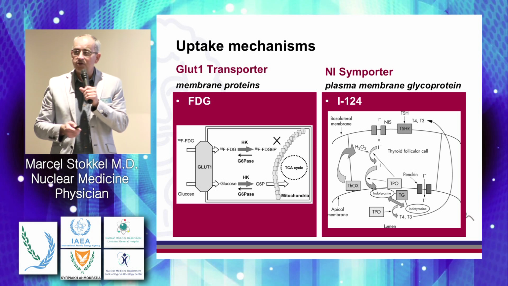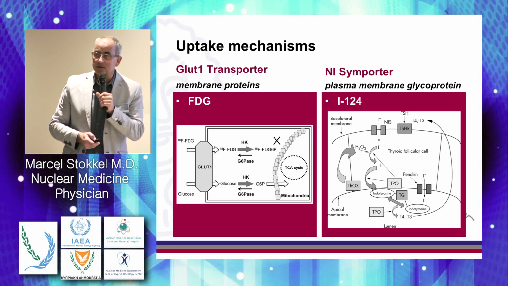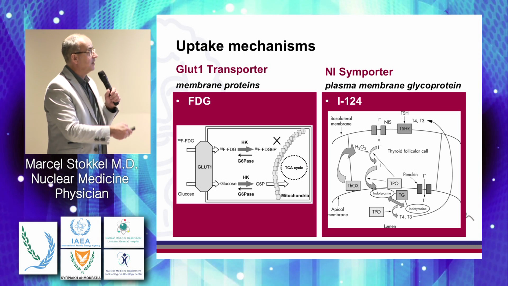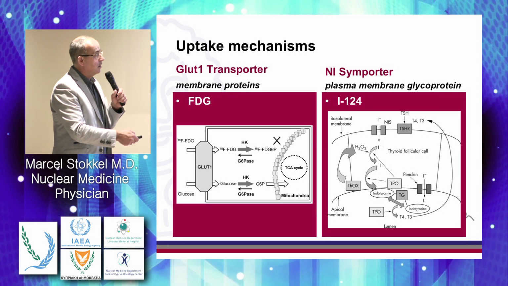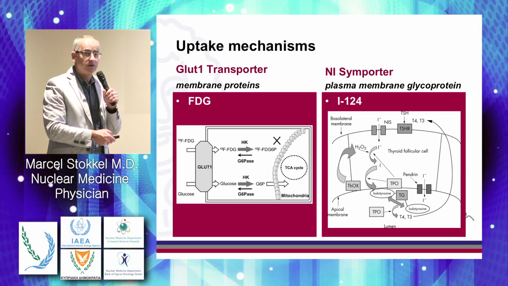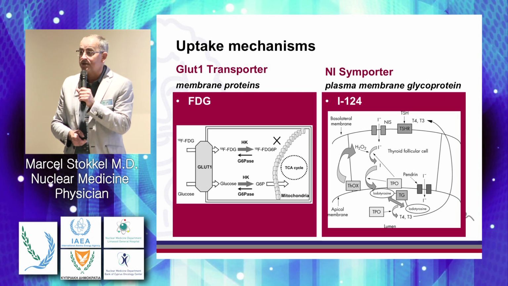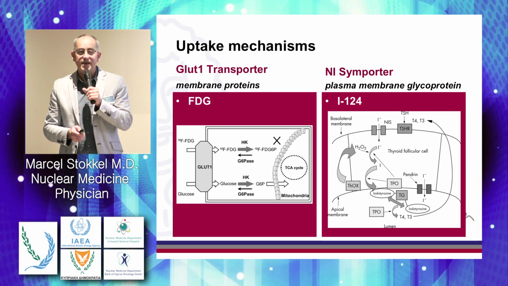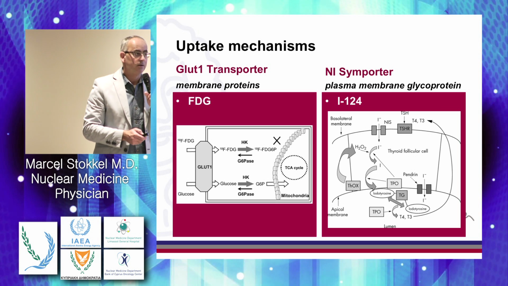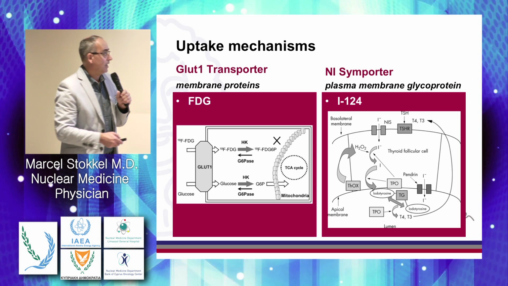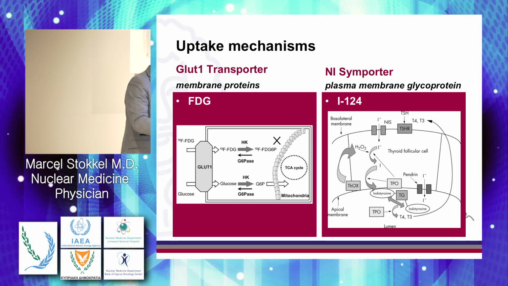So if you want to visualize thyroid cells or thyroid cancer cells, you can realize from this perspective that stimulation of thyroid cells by TSH will improve the diagnostic accuracy of FDG PET scans. An FDG PET scan without stimulation has lower results than with TSH stimulation.